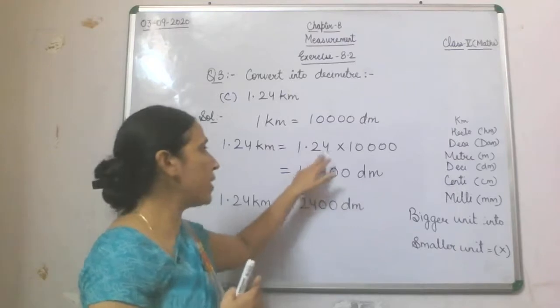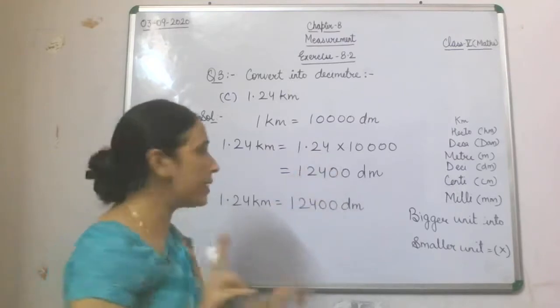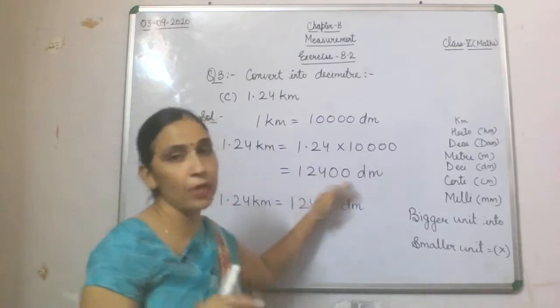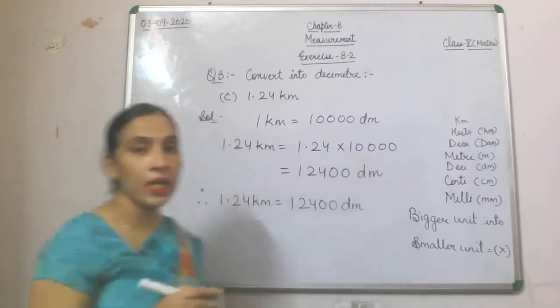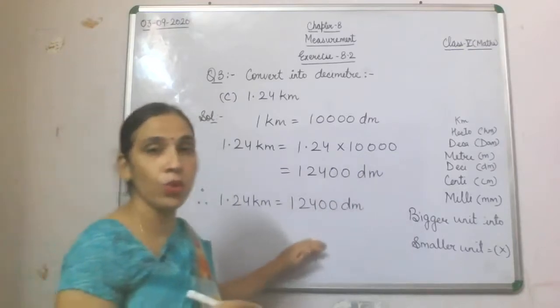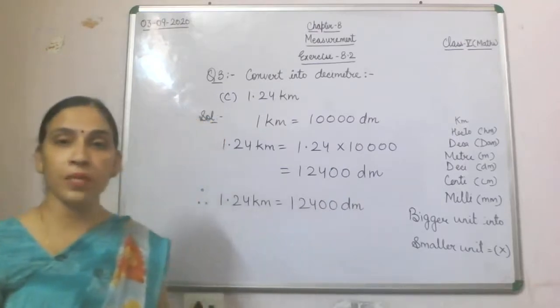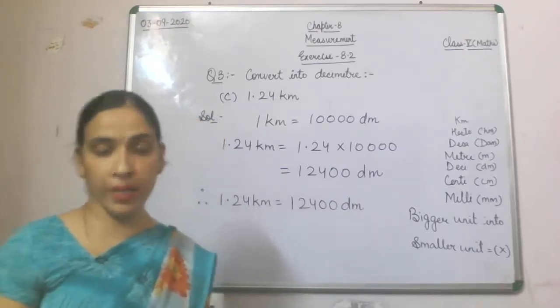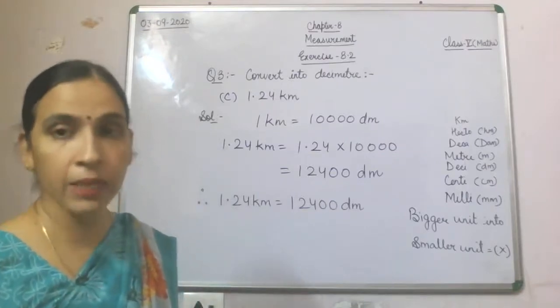Now here 24, 2 places are there, which means we are going to add 2 more zeros to complete all these 4 places. Now what is the answer here? 1.24 kilometer is equal to 12,400 decimeter. Now children, with this we have completed our C part.